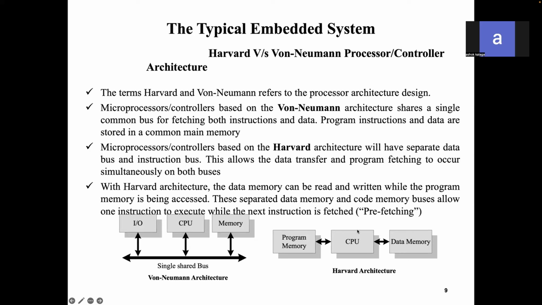In the case of Von Neumann architecture, the CPU has only a single shared bus, so at a time it can access either program memory or data memory, either instructions or data. But in the case of Harvard architecture, the CPU can access both instructions as well as data simultaneously by using the two different buses. Thank you for listening to this video.